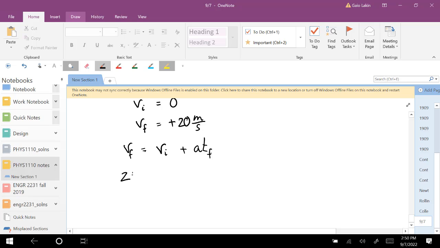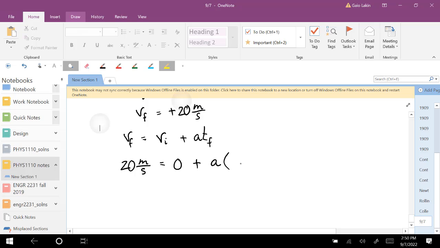So plug these values in, you get 20 meters per second is equal to 0 plus A times 45 seconds. And now, for now, I want you to keep track of your units as you do these calculations.